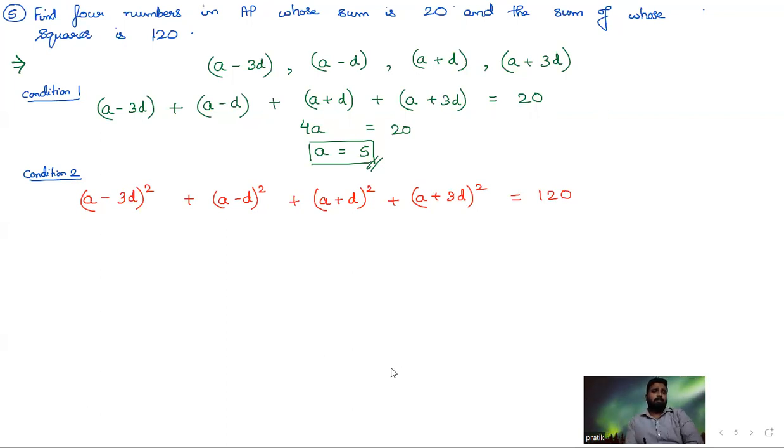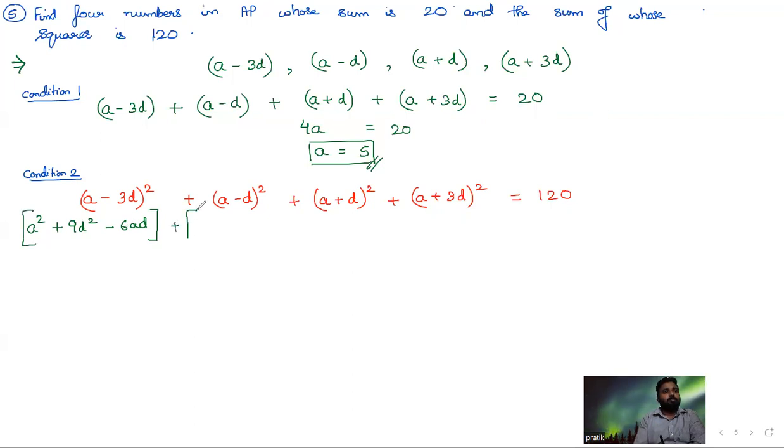Now you might be thinking, sir, we have to expand all these and then find out. You have no other option left, but when you do it, you'll see that everything more or less gets cancelled out. Anyways, expanding it: a square plus 9d square minus 6ad. This is our first term's expansion.